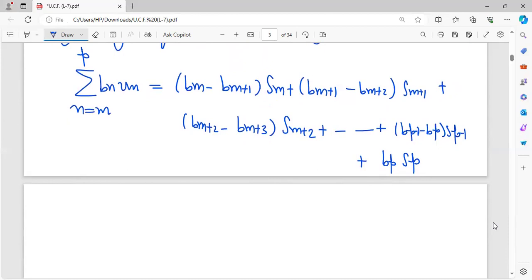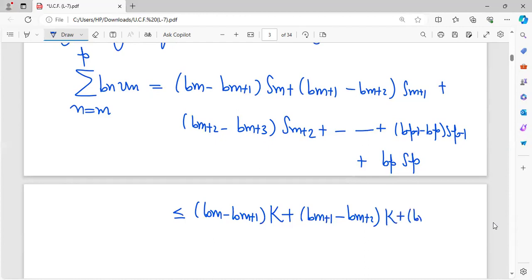So we have greater than or equal to Bm minus Bm plus 1 capital K plus Bm plus 1 minus Bm plus 2 capital K plus Bm plus 2 minus Bm plus 3 capital K, up to Bp minus 1 minus Bp capital K, plus Bp capital K.